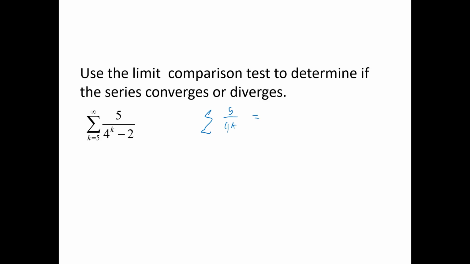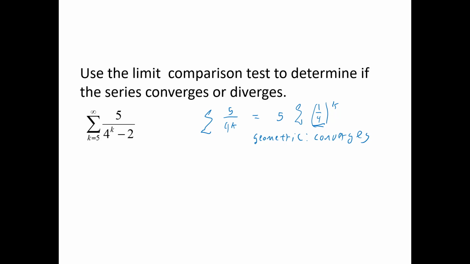Now we can factor out the 5, and this is just 1 over 4 to the k, or 1/4 to the k, and you should recognize that's geometric, and that it converges, because your common ratio is 1/4, right?